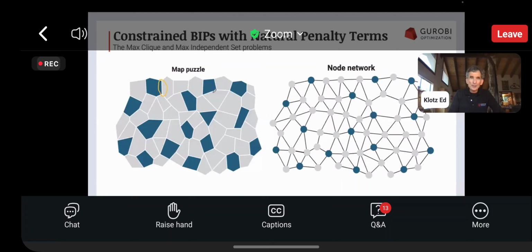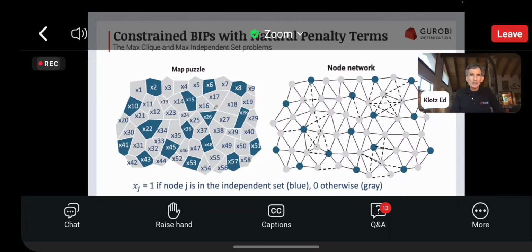Now, there's a bit of ambiguity here in the sense that the article generated edges only for regions that shared a line segment, not a point in common. I decided instead, for the model that I would deal with, to also create edges, as seen by these dashed lines, for when regions shared a point.